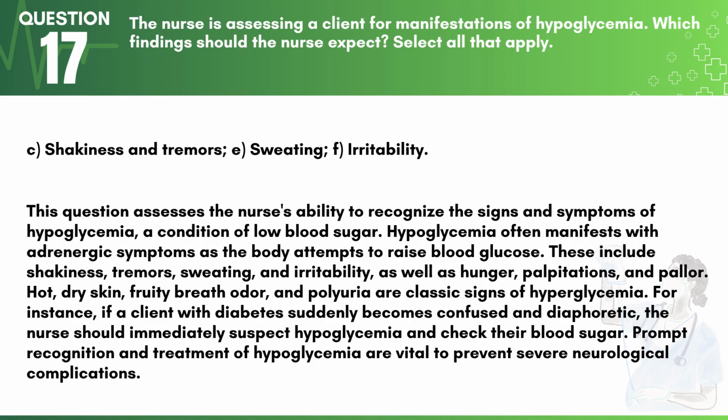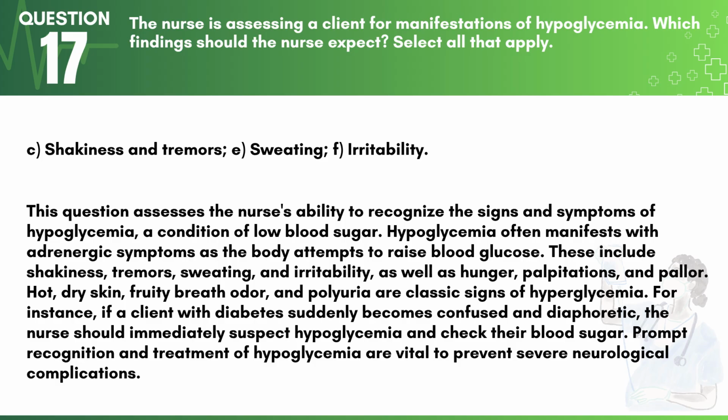This question assesses the nurse's ability to recognize the signs and symptoms of hypoglycemia, a condition of low blood sugar. Hypoglycemia often manifests with adrenergic symptoms as the body attempts to raise blood glucose. These include shakiness, tremors, sweating, and irritability, as well as hunger, palpitations, and pallor.